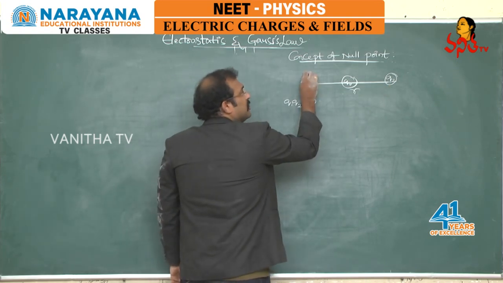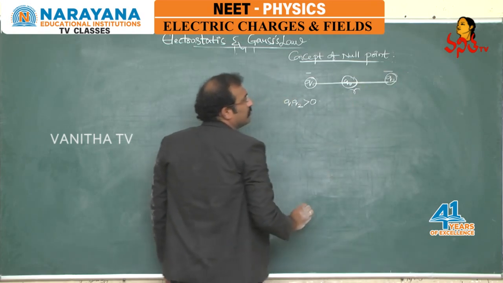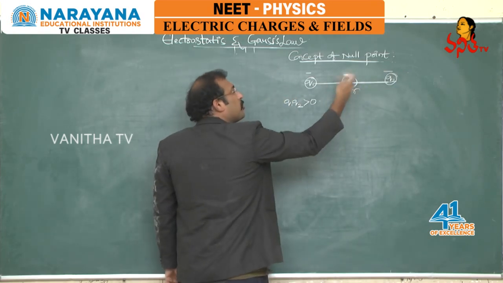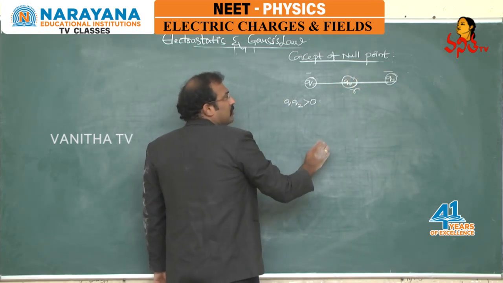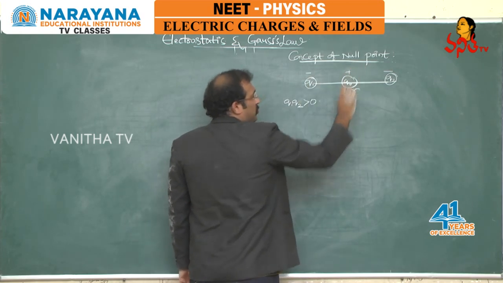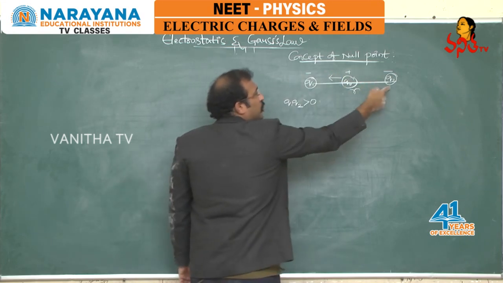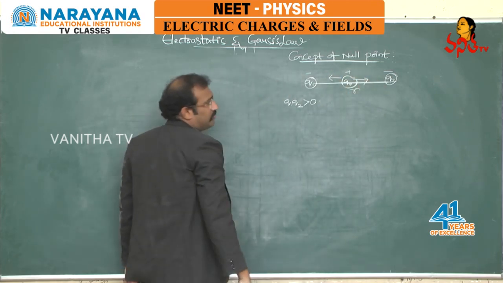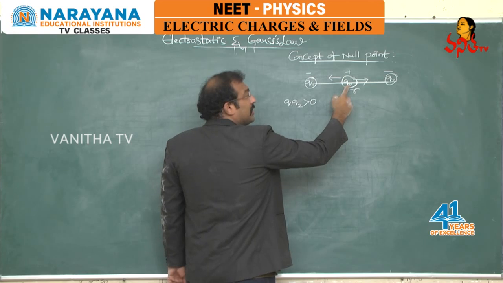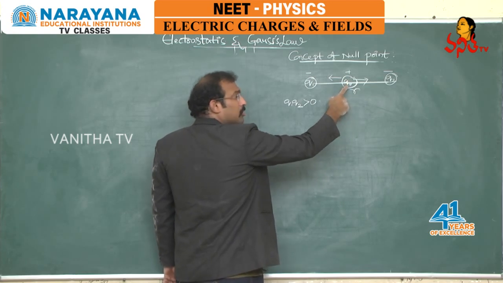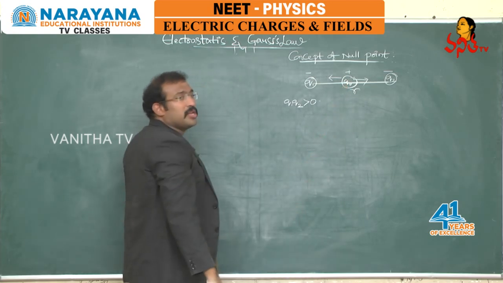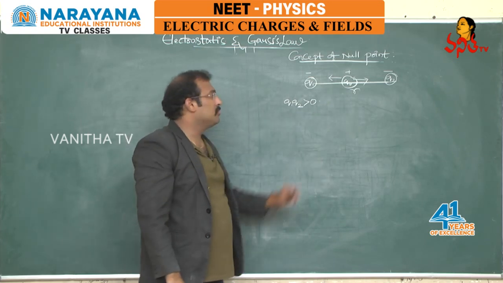Suppose, for example, this is negative and this is negative; whether positive or negative is independent. Now let us think of this as positive. This Q1 will attract this one in this direction. This Q2 will attract this one in this direction. So there is a possibility that this charge, known as the test charge, experiences net force equal to 0.